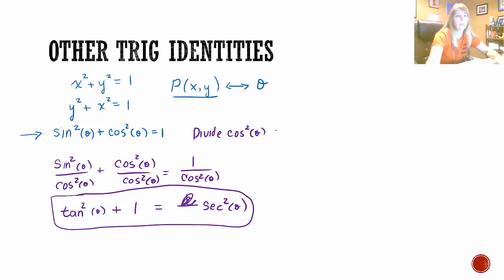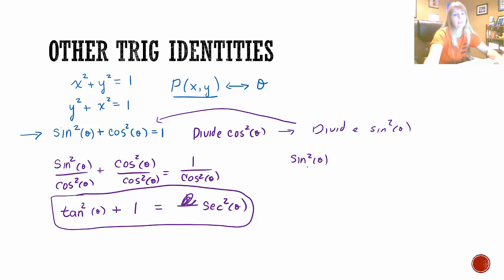Well, I can do the same thing, but now let's take this same function and divide everything by sine squared. So I have sine squared theta divided by sine squared theta, plus cosine squared theta over sine squared theta, equals 1 over sine squared theta.